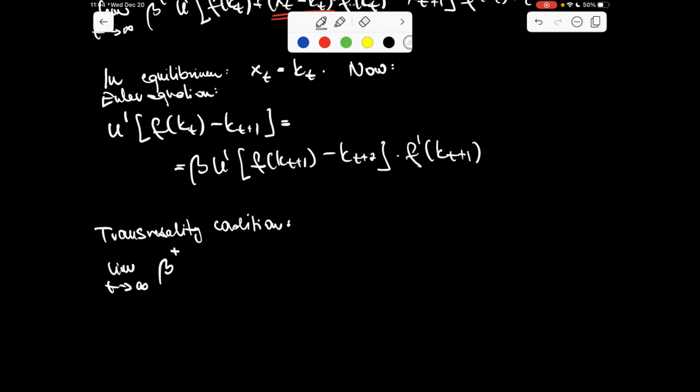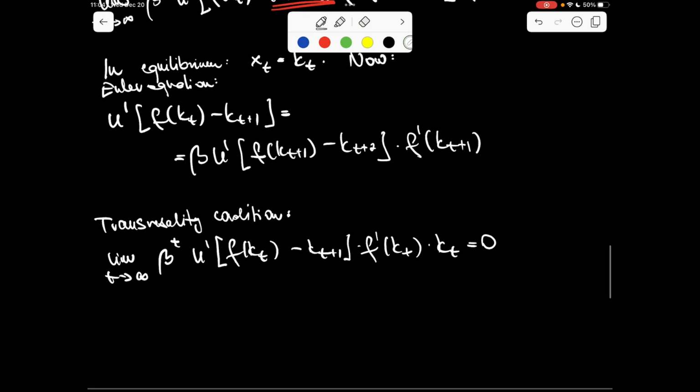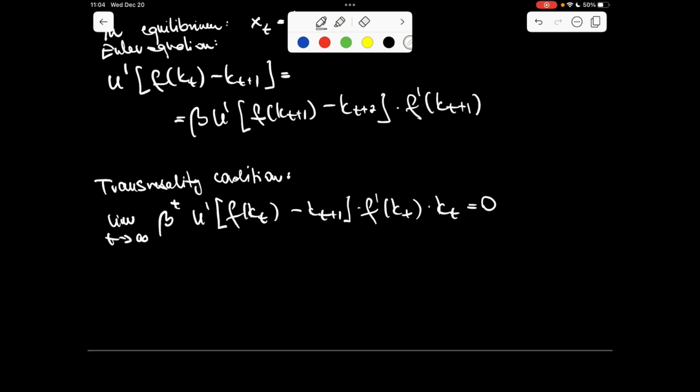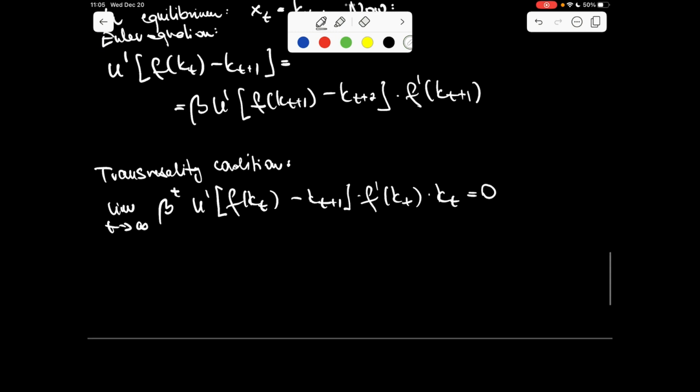So this is the transversality condition. And it's quite easy to realize, yep, that it is the solution of the social planner. So again, I repeat it for emphasis, we have the solution in equilibrium.